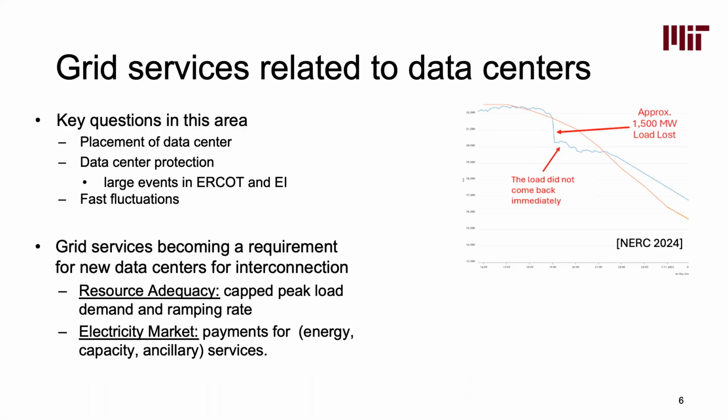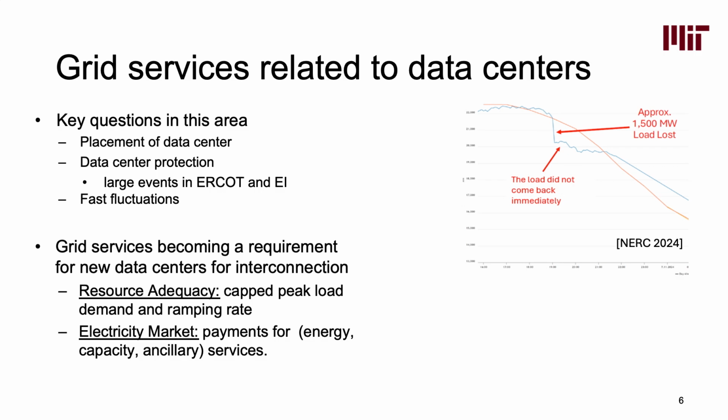Thankfully, during that time, it didn't cause big problems. But let's imagine when the data center loads' capacity doubles or even triples in the next few years, and these things happen again, what's going to happen? So protection and power quality is another big issue.